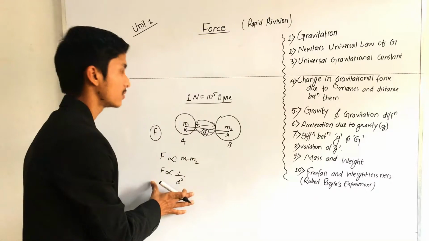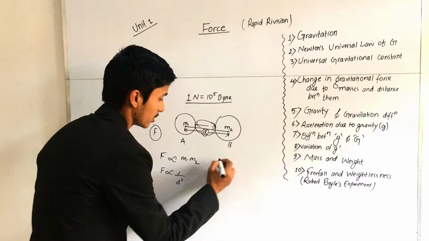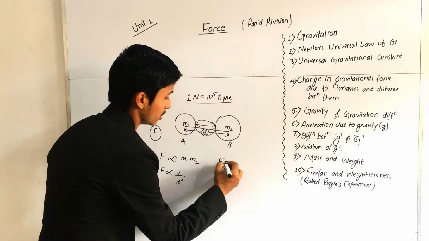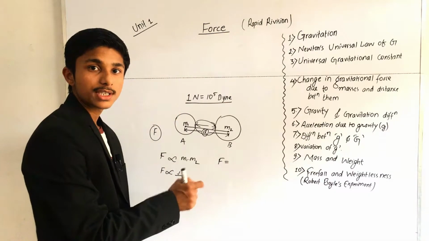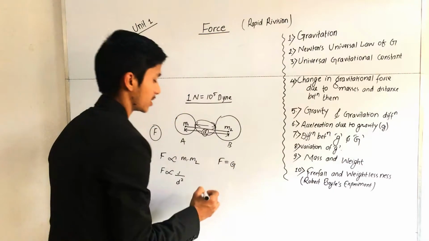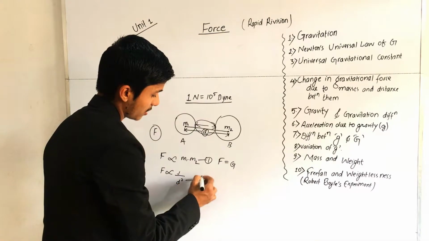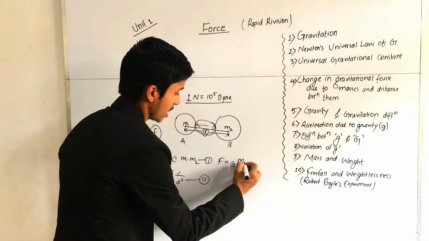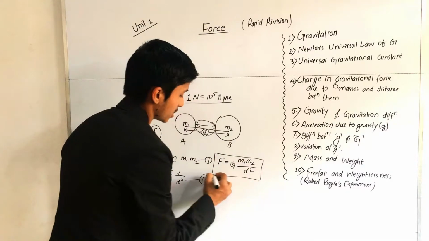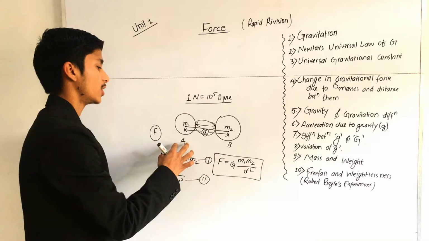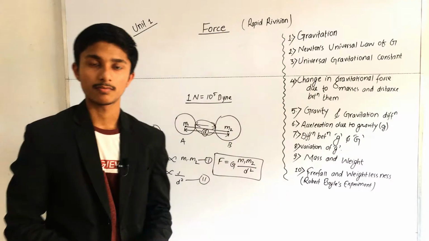When we combine this, we will get the formula. Here F is equal to, we need to put a constant first, so here G is the constant. From the first and second relations, we write here m1 m2 by d square. This is the gravitational force existing between body A and body B. He tells this in his law.